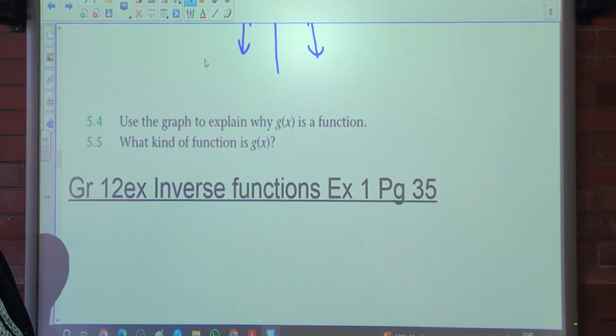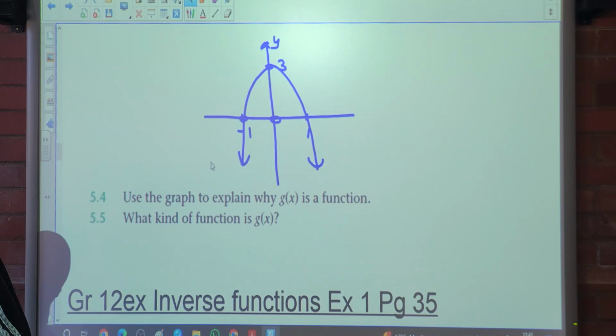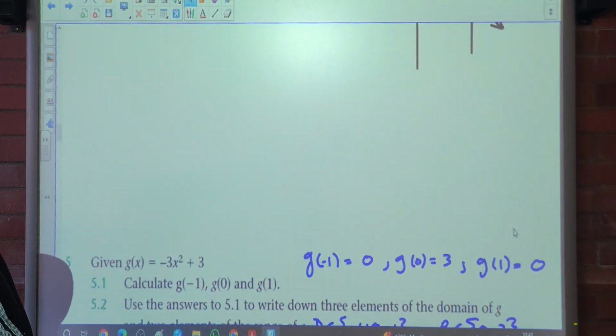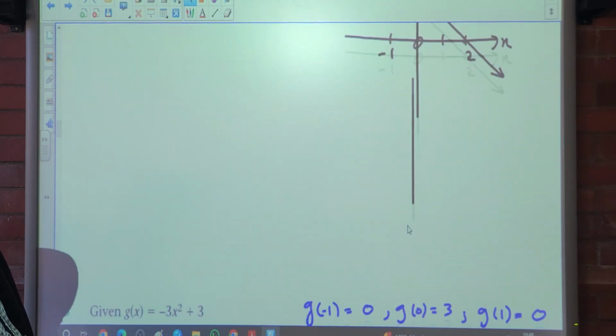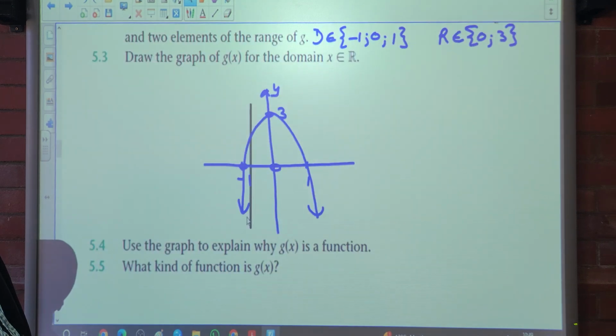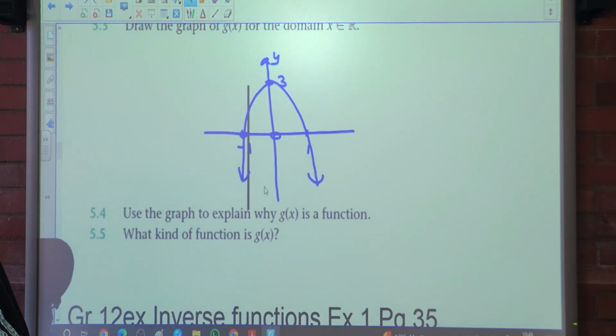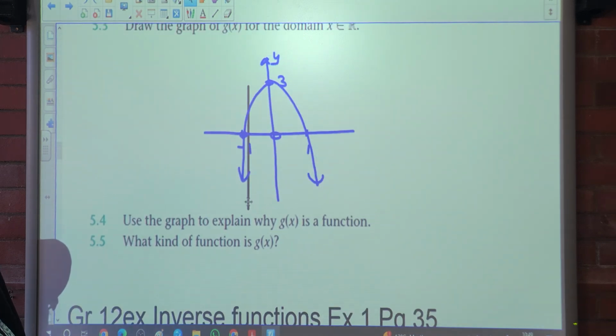Use your graph to explain why g of x is a function. Why is it a function? Because it passes the vertical line test. As you can see, for every one x, there is one y value. Okay. What kind of function is this? A many to one. Okay.